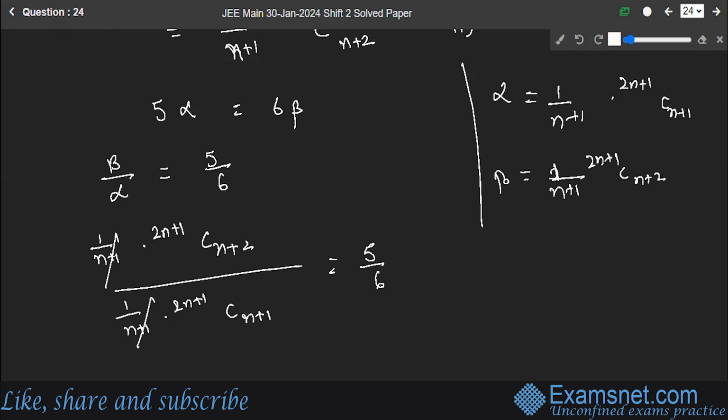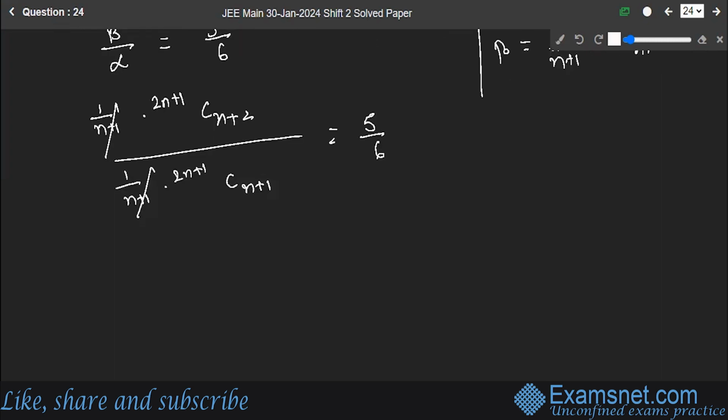These will cancel, correct? And then you will have 2n plus 1 C n plus 2 divided by 2n plus 1 C n plus 1 is equal to 5 by 6, right?